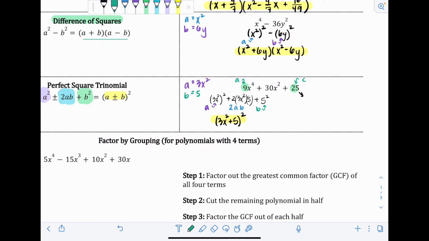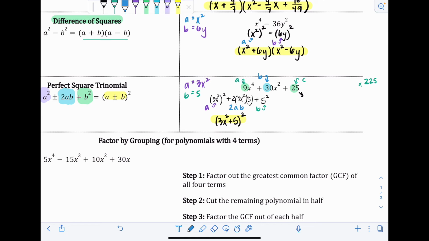So I need numbers that multiply to 225 but add up to B, which is 30.